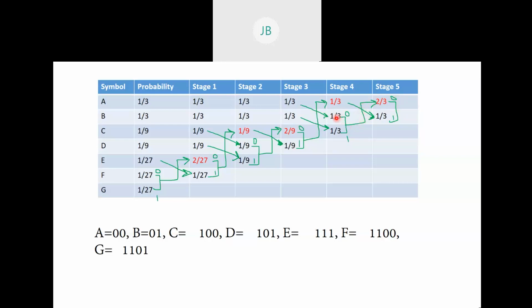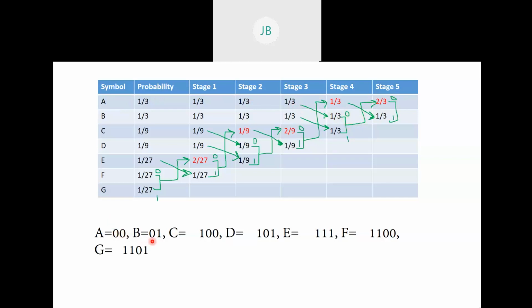I'm going through this path to get A, right? So A's code word becomes 0, here it's 0, and then one more 0 here, and nothing else. So 0, 0 becomes A's code word.